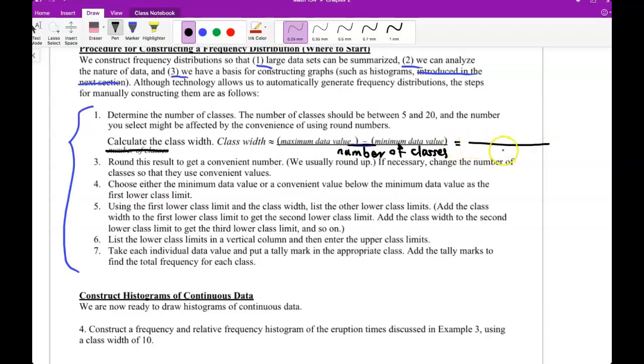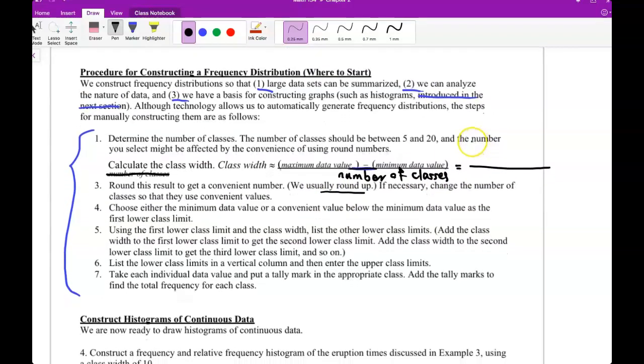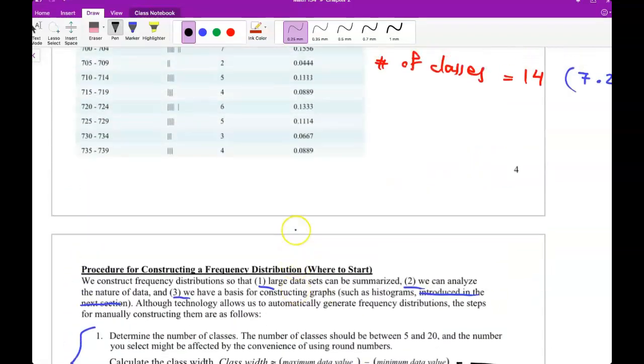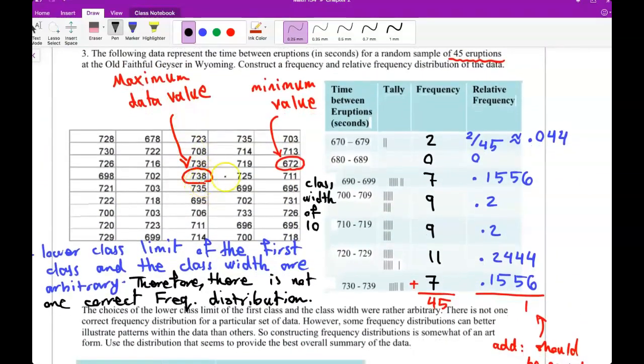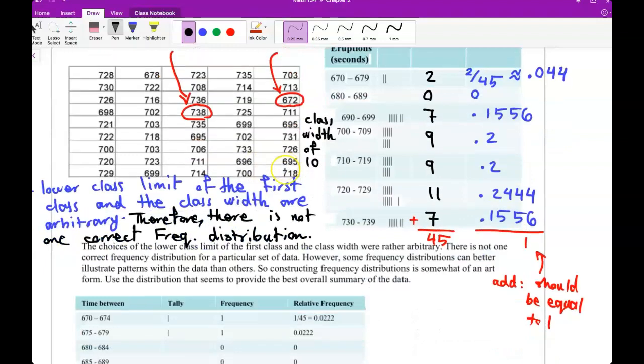Let's find this one based on the previous example. What we have here is step 3, round this result to a convenient number. We usually round that up. The maximum data value here was 738 and the minimum was 672.